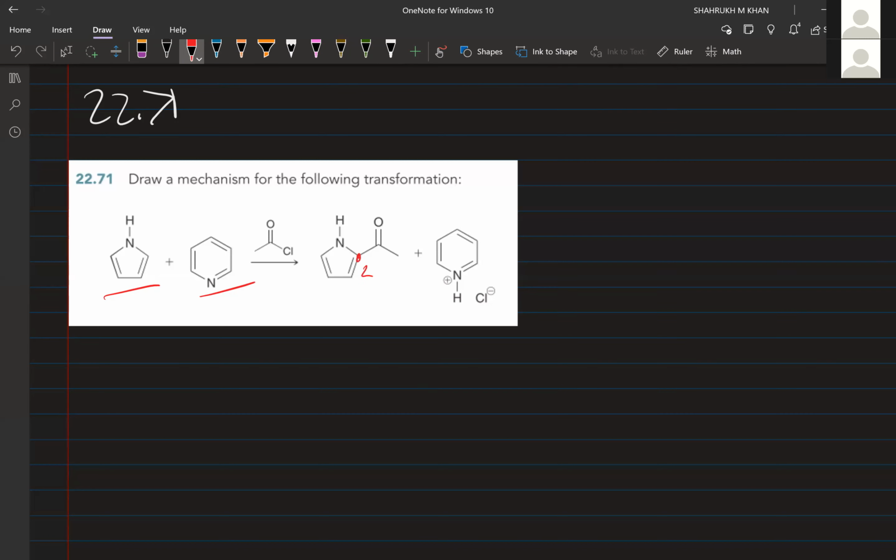We protonated our pyridine. Essentially what we did was form a bond between the carbon here and the carbon in the acid chloride, acetyl chloride.